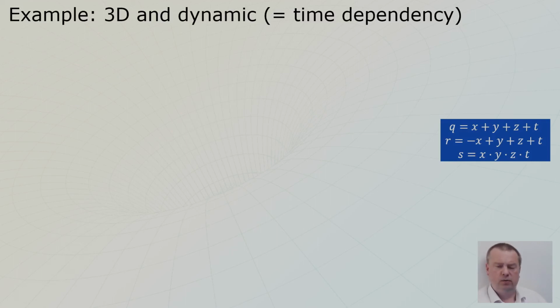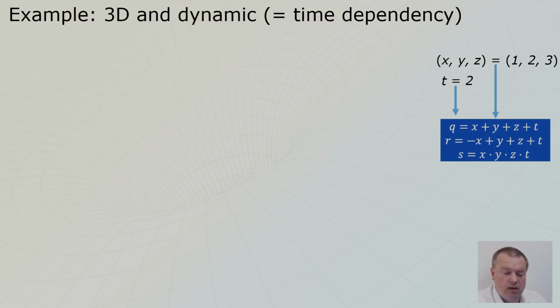The second component, Vy, which is r in our case, is minus x plus y plus etc. And the third component, Vz, is x multiplied by y multiplied by z multiplied by t. So in goes a location, let's say 1, 2, 3, a time, let's say 2 seconds, and then you can do the math. Out comes a vector with 3 components, 8, 6, and 12.